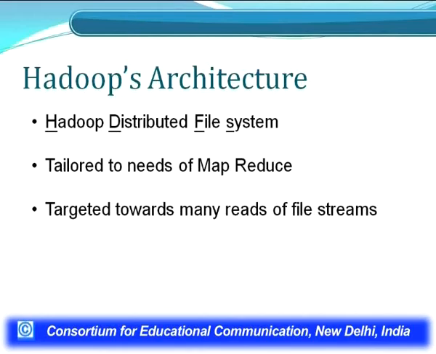As we have told you about the Hadoop architecture, this kind of file system, tailored to the needs of MapReduce, is targeted towards many reads of the stream, which makes this architecture stronger and makes handling and processing of the data easy.